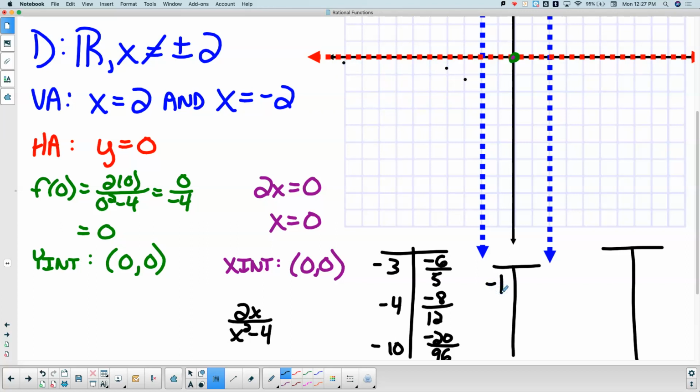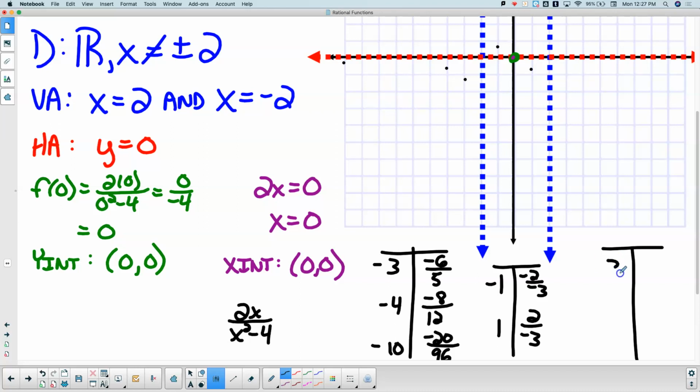I put in negative 1 in the middle section, I get negative 2 over negative 3. That's 2/3. If I put in positive 1, I get positive 2 over negative 3. That's negative 2/3.